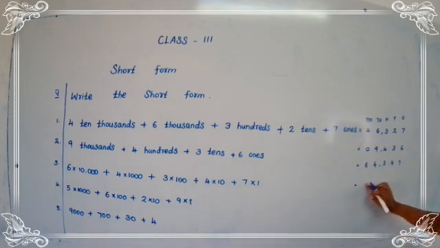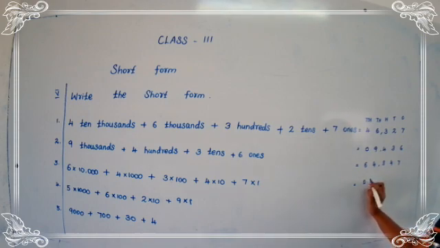How many thousand? Any 10,000 is there? No. The number starts from 1000. How many thousand is there? 5,000. So you have to write 5 in thousand place.